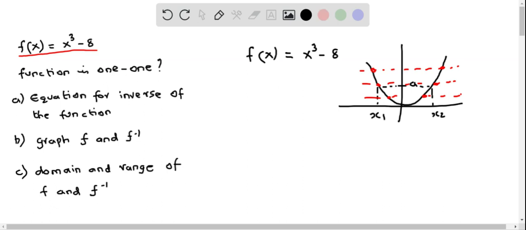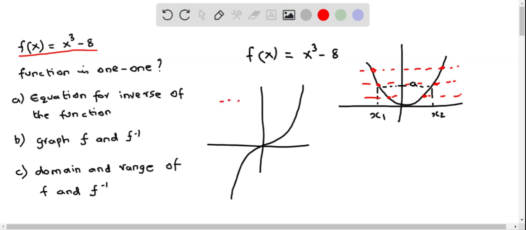A good example of a one-to-one function is a cubic function. A cubic function looks like this. You can imagine a horizontal line test: every time you pass this horizontal line from top to bottom, it does not make more than one intersection.